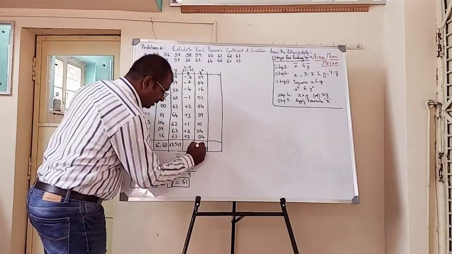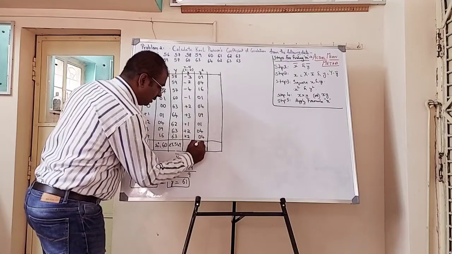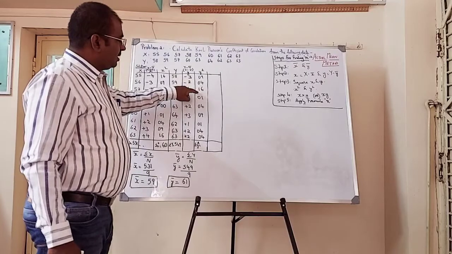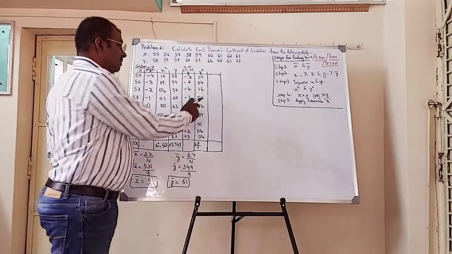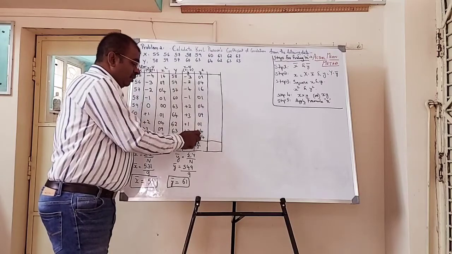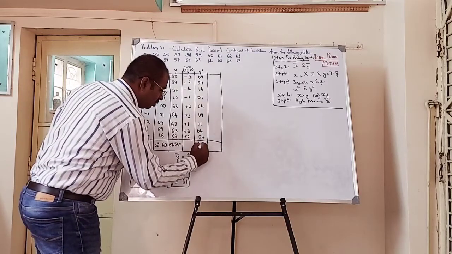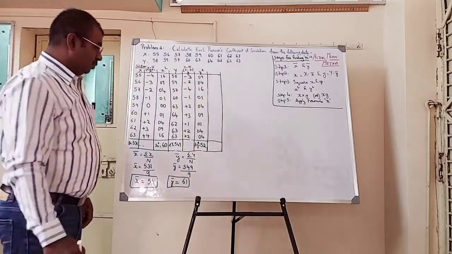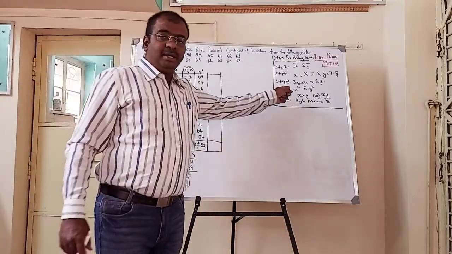Now let us find out what is sigma y square. 9 plus 4 is 13, 13 plus 16 is 29, 30, 34, 43, 44, 48, 52. So sigma y square is equal to 52. That is step number 3.